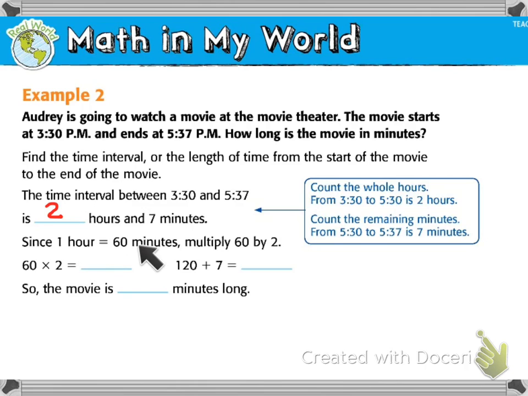Since 1 hour equals 60 minutes, we're going to multiply 60 by 2. So 60 times 2 is 120, and 120 plus 7 is 127. So the movie is 127 minutes long.